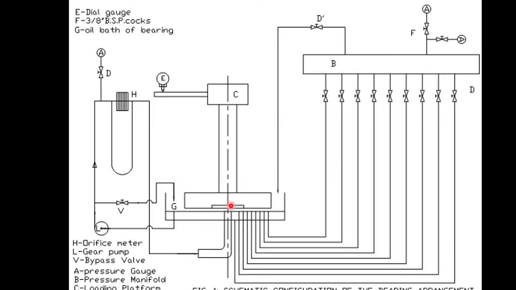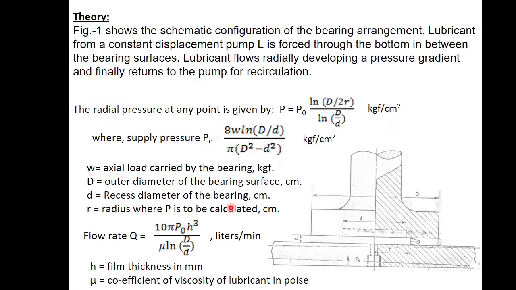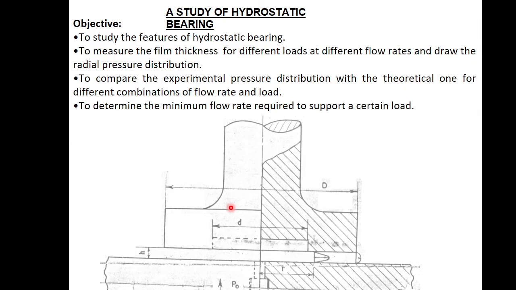The fluid film will be completely squeezed out, it will take some time. Viscosity and other things are there. So that is how we calculate the minimum flow rate requirement at best.